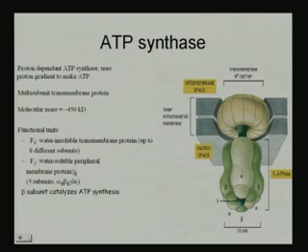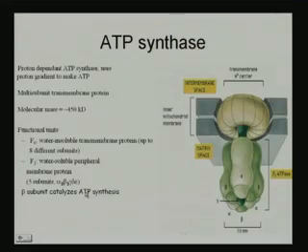F1 is the water-soluble peripheral membrane protein and it has 5 different subunits, among which the beta subunit actually plays a significant catalytic role as far as ATP synthesis is concerned.